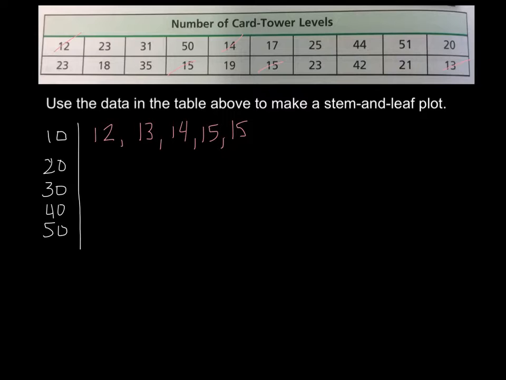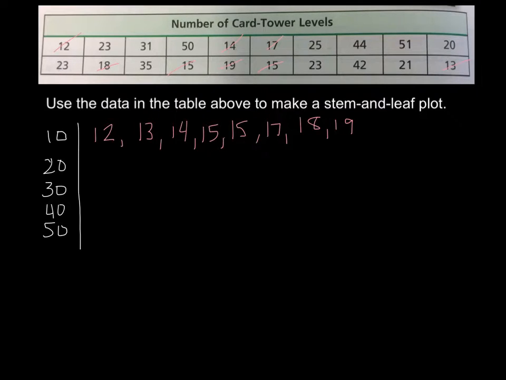I see I have a 17 and an 18, and I think that should be it. 12, 13, 14, 15, 15, 17, 18, and a 19 I'm missing. Yep, there's my 19. Okay, so I order them from least to greatest.